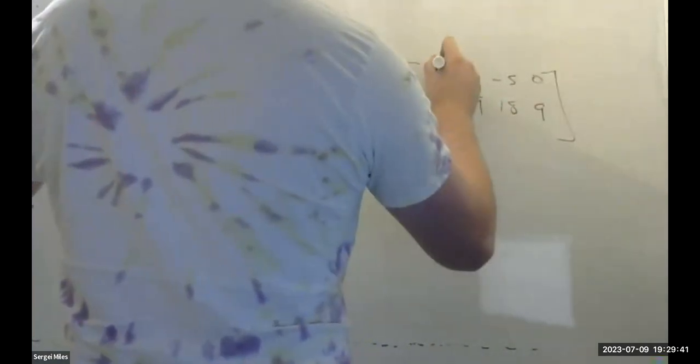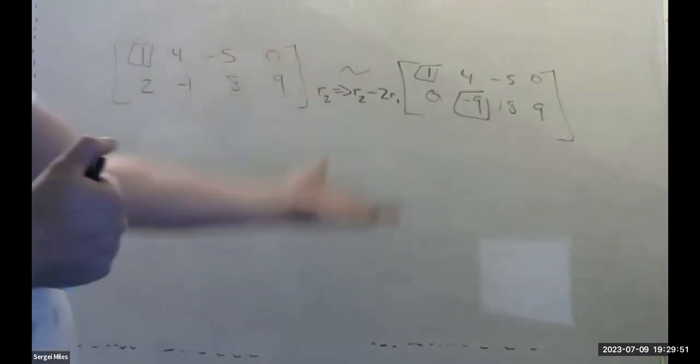And lo and behold, what has happened? I have two pivots here, right? -9 is also a pivot. It's the leading non-zero entry for the second row. I have all zeros below it. In fact, there's nothing there, so I don't have to worry about it. But also, this is the best I can do. I only have 2 rows, so it's impossible to have more than 2 pivots, right?